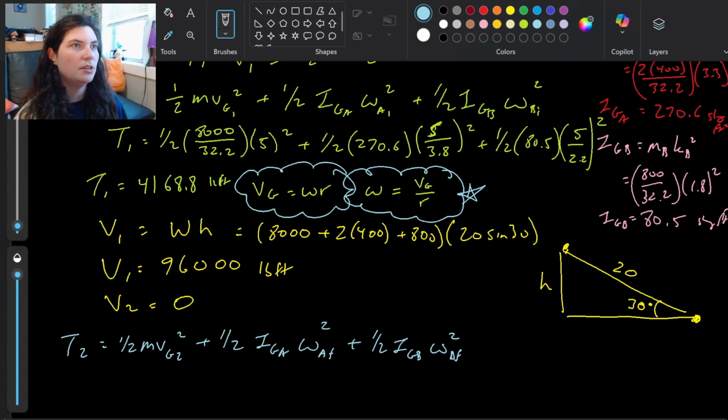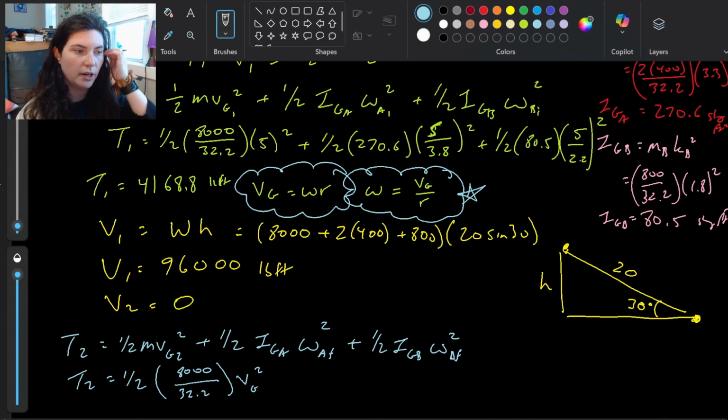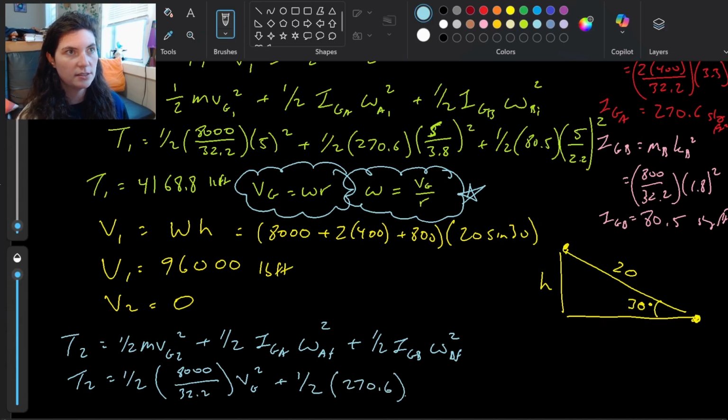So I'm going to start plugging some things in here. For my T2, 1/2 times the mass of the whole thing, that 8,000 over 32.2, and then I don't know what that vG is, so I'm going to leave it as vG squared. Plus 1/2, and then my moment of inertia about GA doesn't change, so that's still going to be that 270.6.